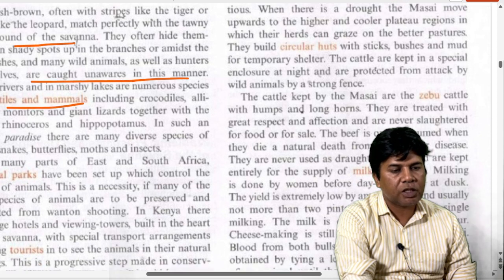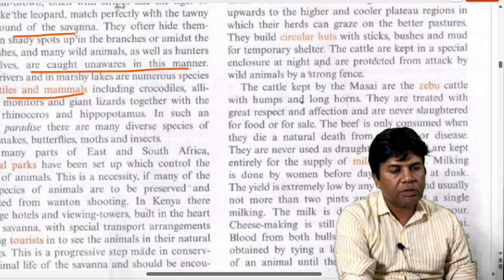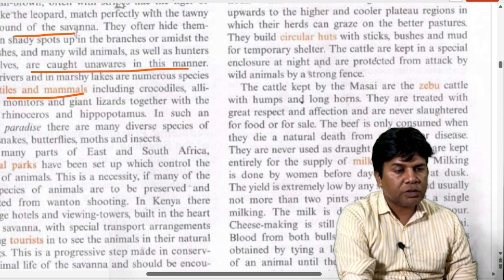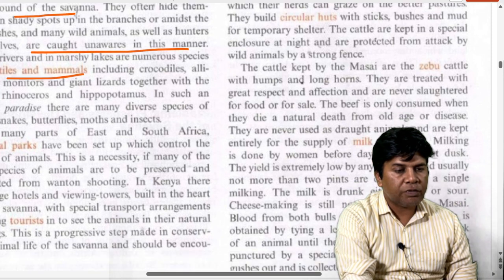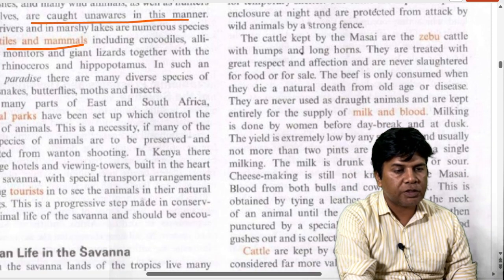These areas are known as Masai Mara in Kenya. This is a progressive step made in conserving the life of the savanna and should be encouraged.